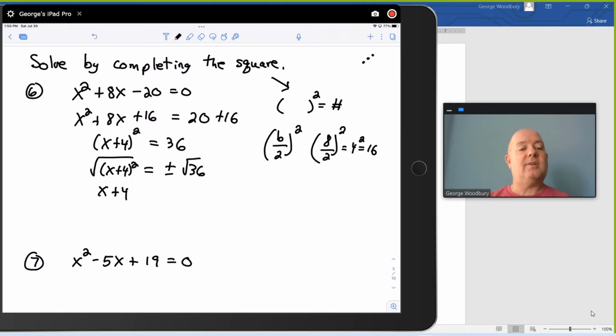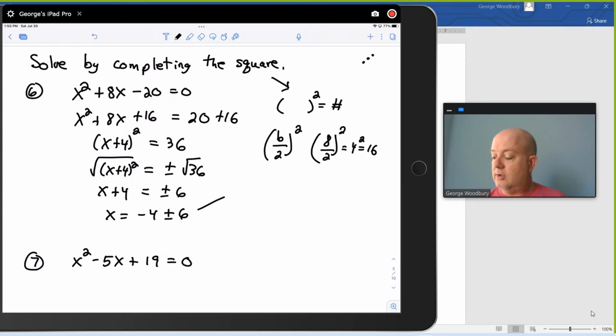On the right-hand side, we know the square root of 36 is 6, so that is now plus or minus 6. We can subtract 4 to isolate x, and that gives us x equals negative 4 plus or minus 6. So our two solutions are negative 4 minus 6, which is negative 10, and negative 4 plus 6, which is positive 2. The solution set contains negative 10 and 2.